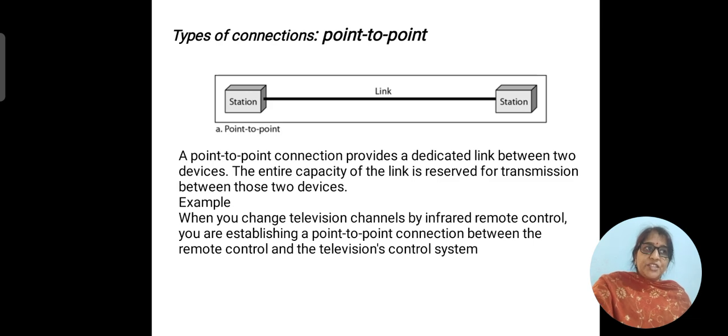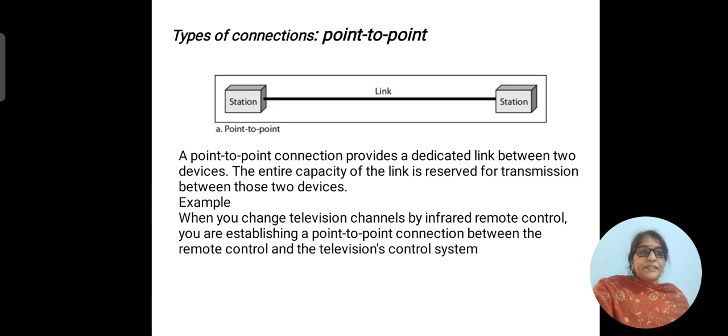Let's study the types of connection, of which the first is point to point, then multipoint. In this slide we have a point to point block diagram. As shown, we have station 1 connected to another station through a link. A point to point connection provides a dedicated link between two devices.